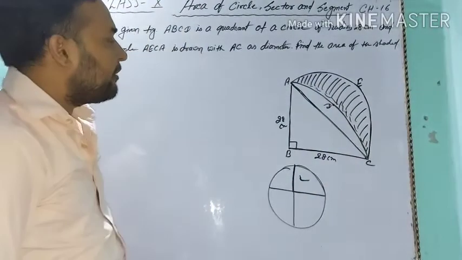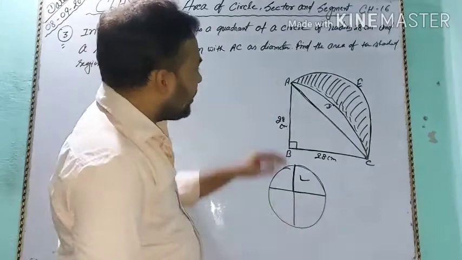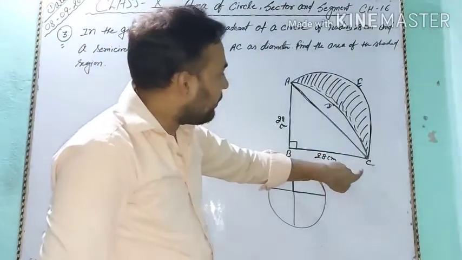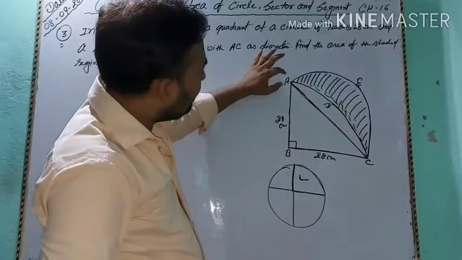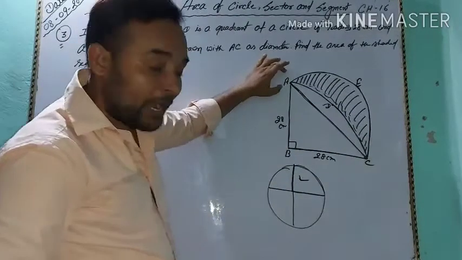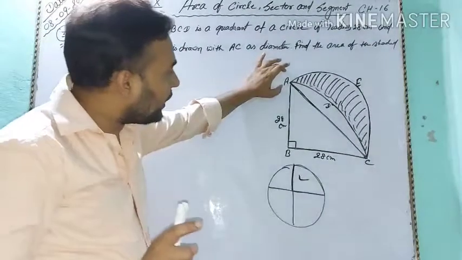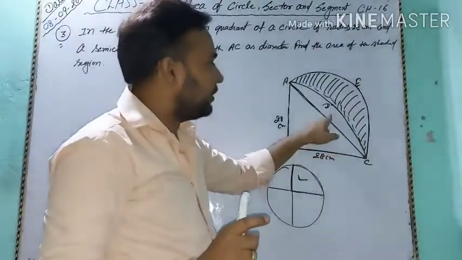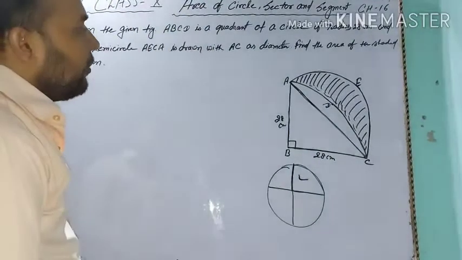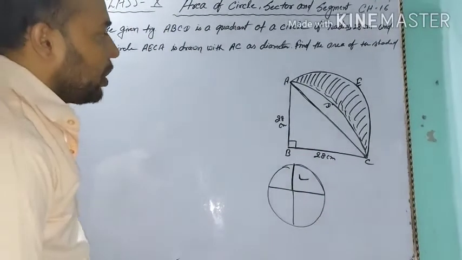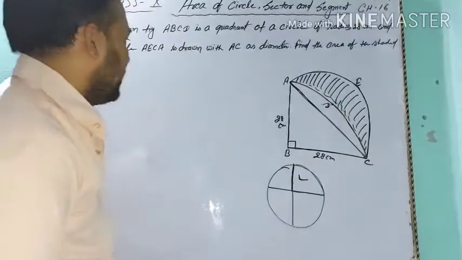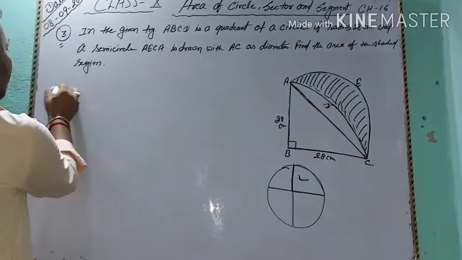So area of the shaded region equal to area of triangle ABC, okay, plus area of the semicircle AECA minus area of the quadrant ABCD. Okay, so students, first of all find AC, because AC is the diameter of the semicircle AECA. Okay, so find AC. Let's start the solution.